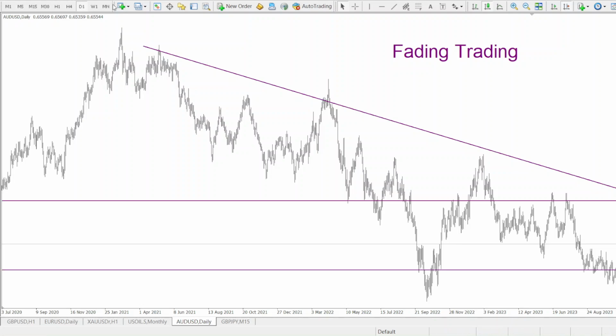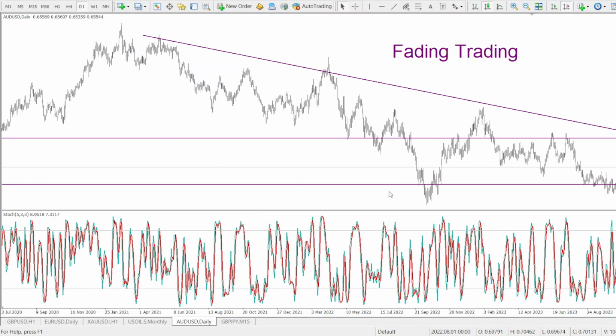For example, let us add on the stochastic oscillator to verify that. Can you see how it was often getting into the oversold territory? You can see oversold multiple times. Now, sellers are excited, volume is high, but that euphoria can't last forever.